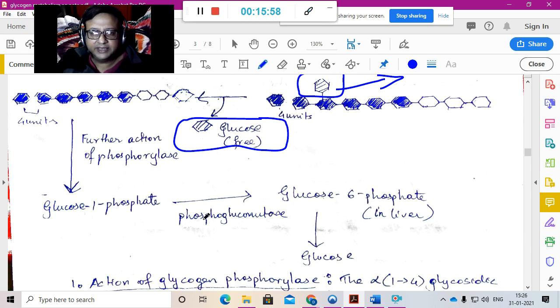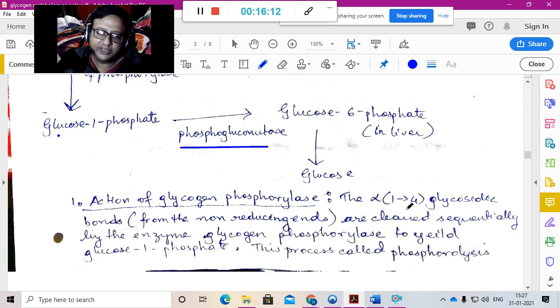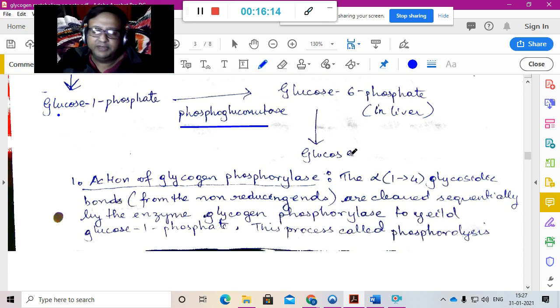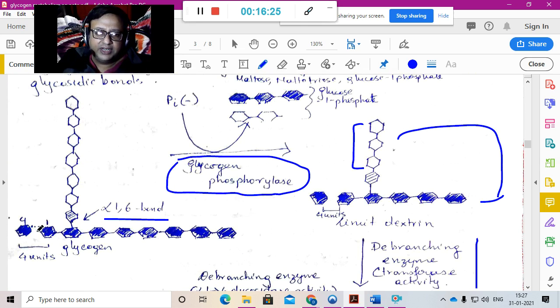Then further action of glycogen phosphorylase breaks the chain into small units of glucose 1 phosphate. In the liver, glucose 1 phosphate is converted by the phosphoglucomutase enzyme into glucose 6 phosphate, which is then broken down into glucose. So first is the action of glycogen phosphorylase, which breaks the 1 to 4 linkages until 4 glucose units remain.